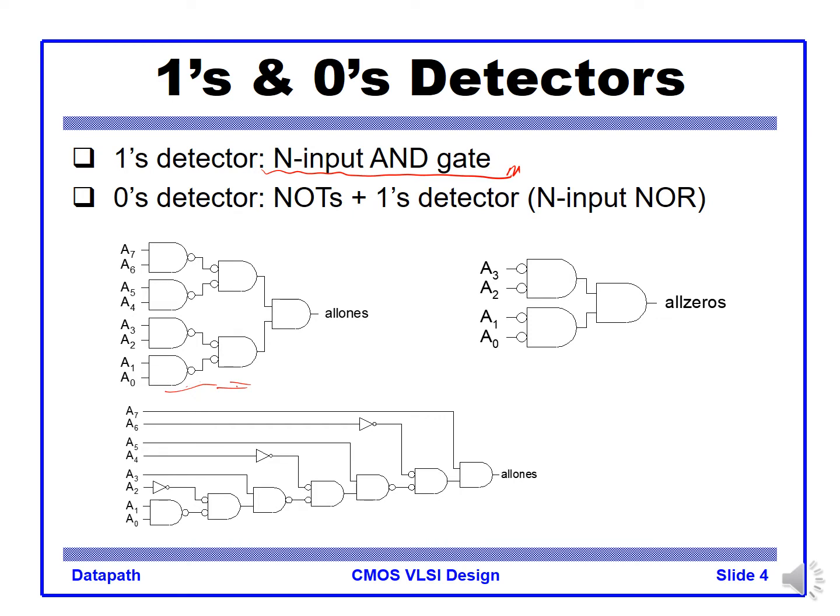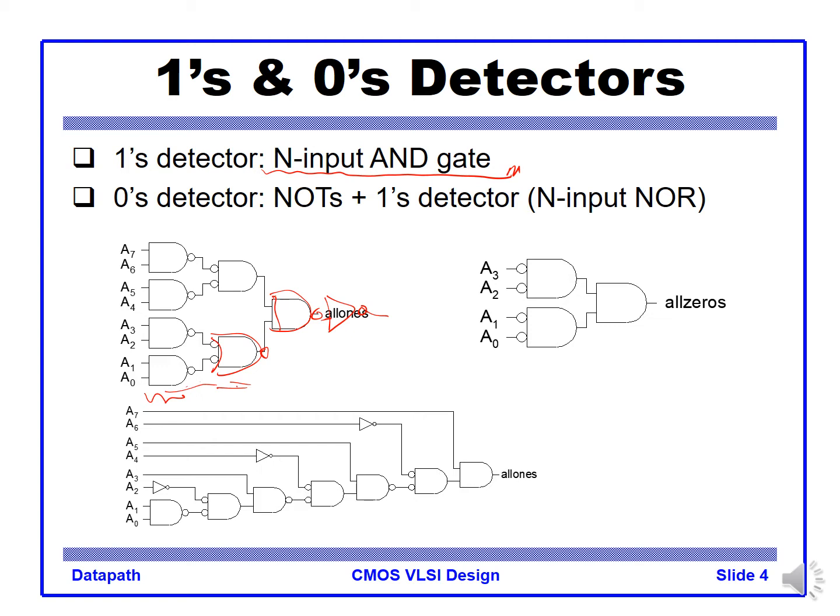So we transform that logic with a NAND gate in the first stage, and the second stage is a NOR gate, from the bubble notation, and then the last one is a NAND gate plus an inverter. That gives us the all-ones detector.